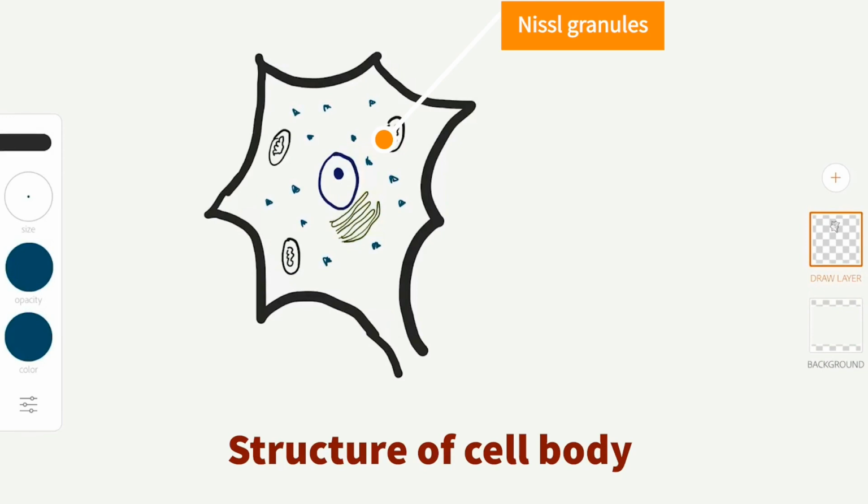The function of these Nissl substance is believed to be synthesis of protein and neurotransmitters. Even though they are present in cytoplasm, these Nissl substance extend into the dendrites, but they never extend into the axons.